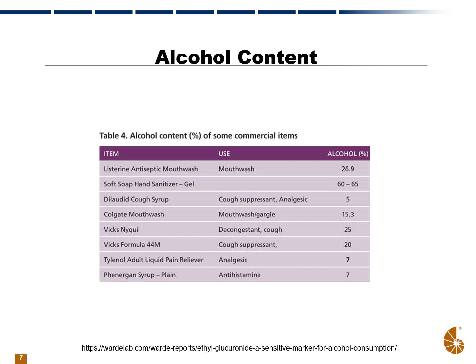Soft soap hand sanitizers, the gel is at 60 to 65% alcohol. And you can see that if any of these substances were to contaminate the specimens, they would increase the alcohol content. So those are always things to keep in mind when testing for alcohol markers.